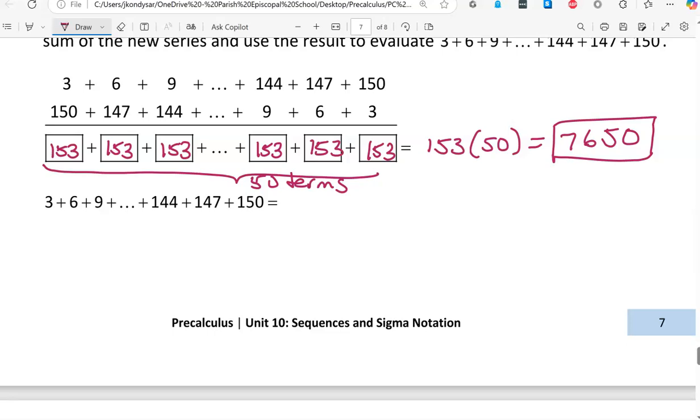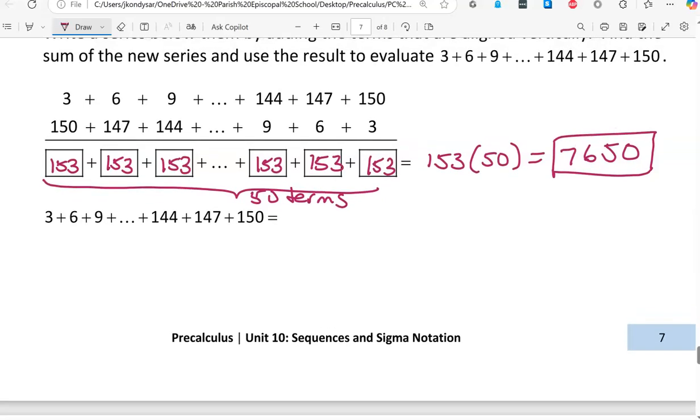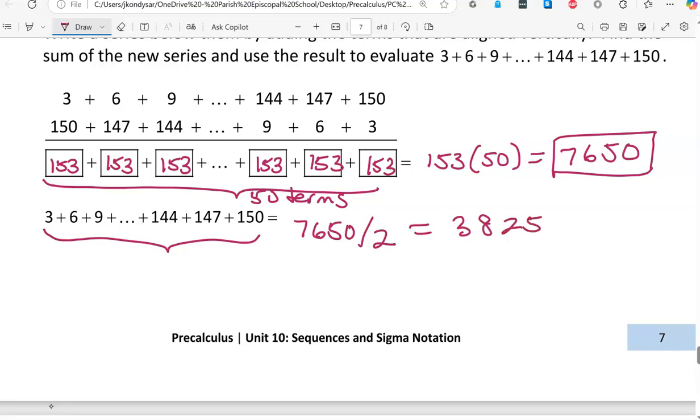Now, that's not the answer to the question, though. The answer to the question is, what was that original series, the one that we wrote both forward and backward, equal to? Well, the 153 plus 153 plus 153, etc., that was the sum of two of those series. So the sum of the original series should be 7,650 divided by 2, which is 3,825.